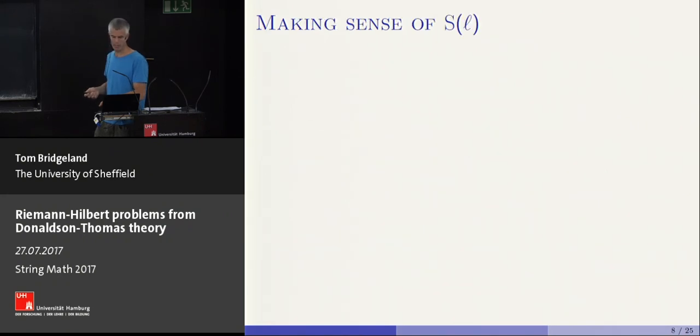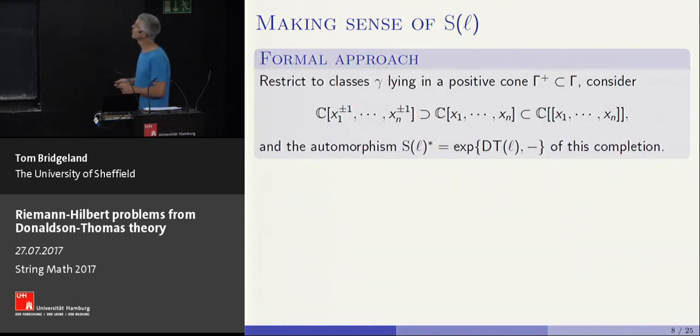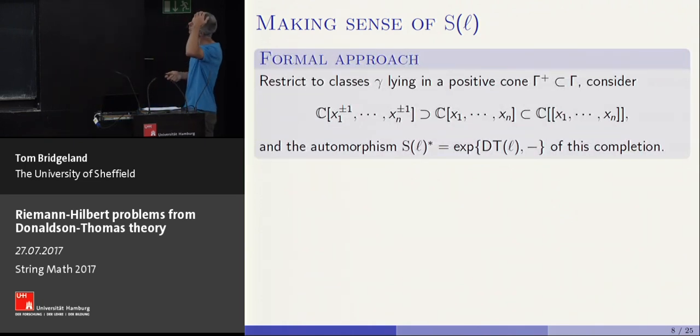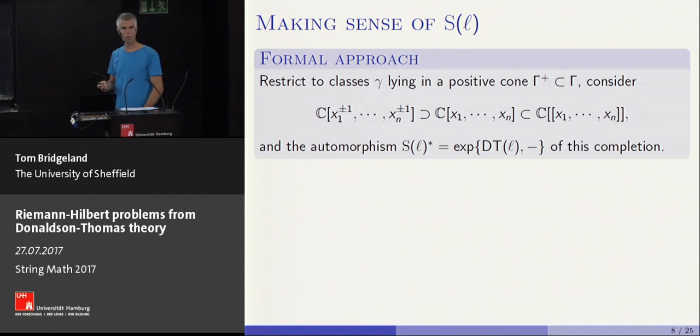So how do we make sense of this? There are two ways you can do this. When you're stating the wall crossing formula, the best thing to do is take a formal approach. We were supposed to be working with the torus, so with the ring of functions on the torus, which is Laurent polynomials. If we're only interested in classes lying in some positive cone, we don't need to consider all of that.